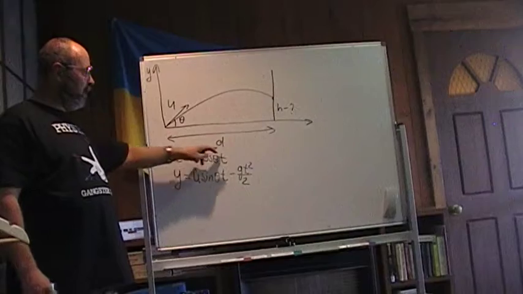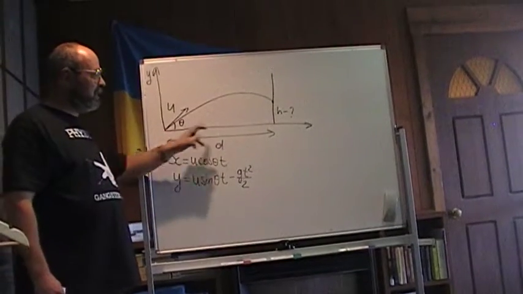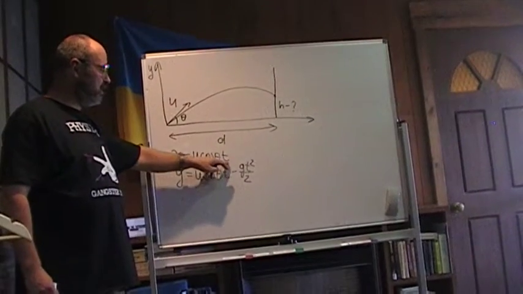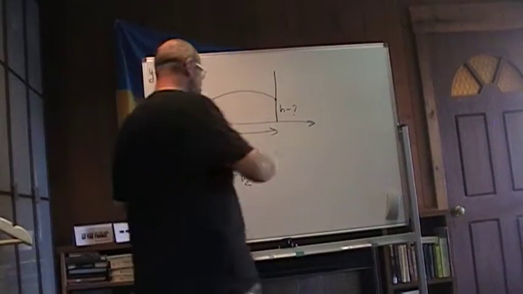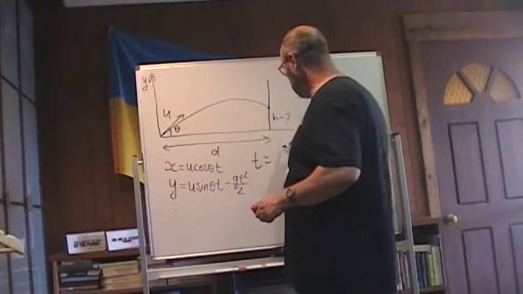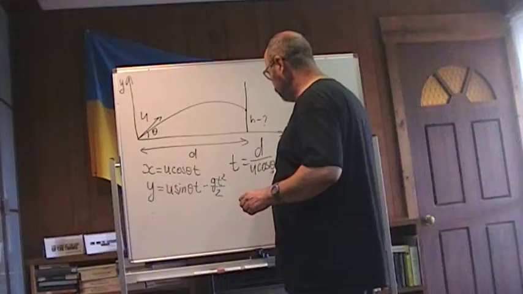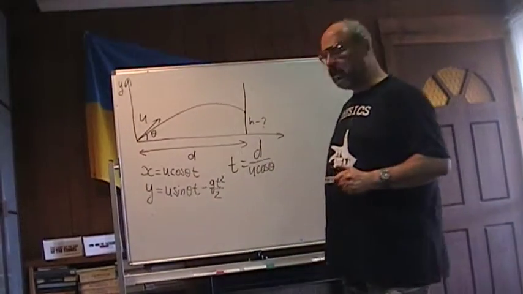Now we have x, a distance at which we're looking for height. So from here, let's rearrange it and express time. Time will be equal to d divided by u cos theta, and substitute it here.